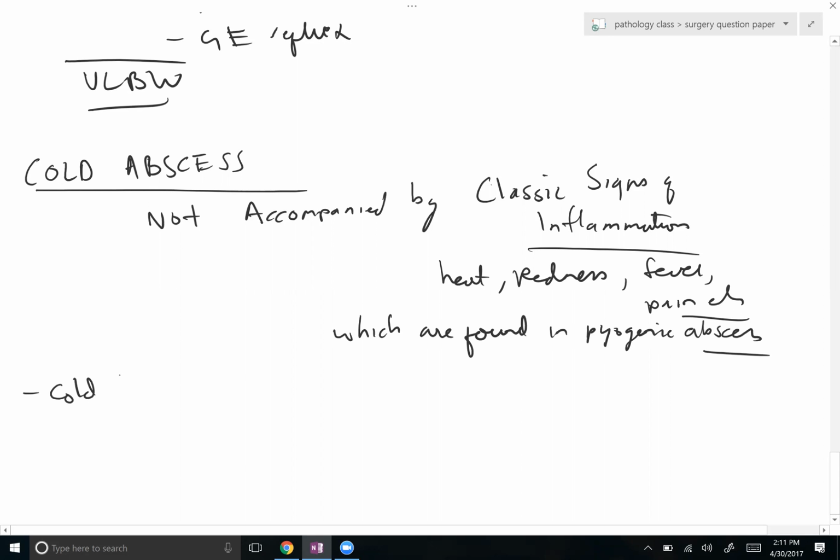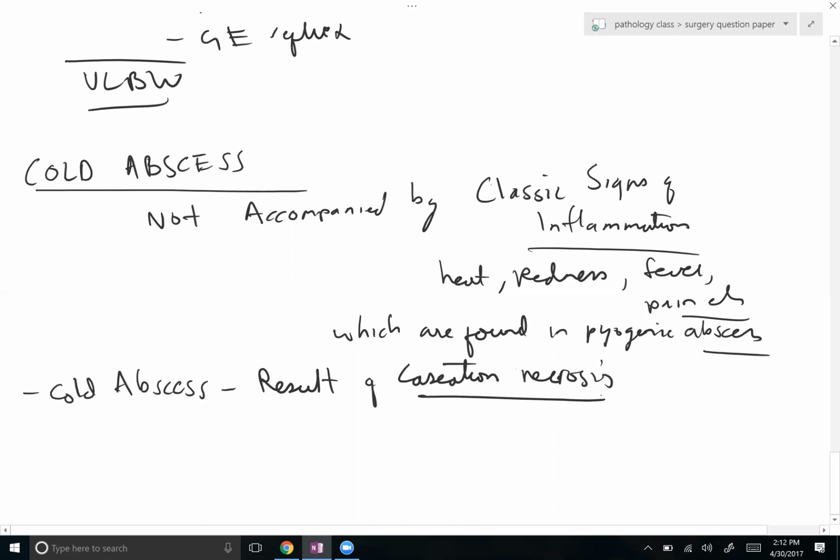Cold abscess in India can be a result of caseation necrosis. When we are talking about caseation necrosis of lymph nodes, it is basically a cheese-like appearance, and it is associated with TB.